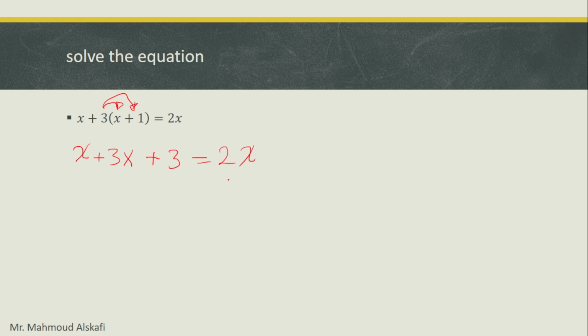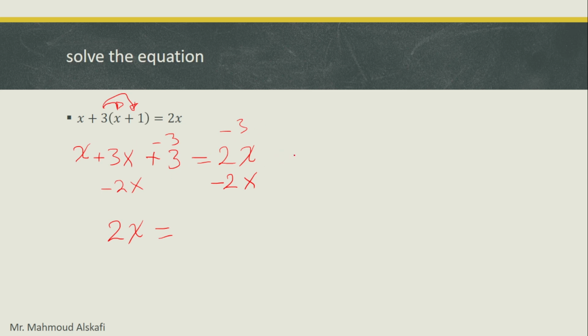Okay, now we need to collect all of the x terms on one side and the others on the other side. Minus 2x, minus 2x, minus 3, minus 3. Now x plus 3x is equal to 4x, minus 2x gives me 2x equals minus 3.